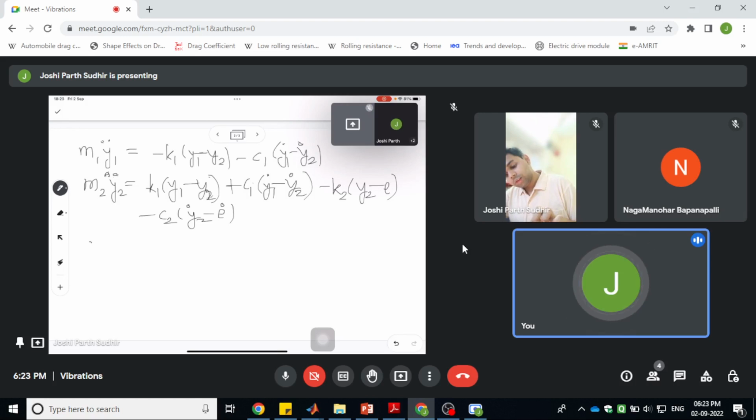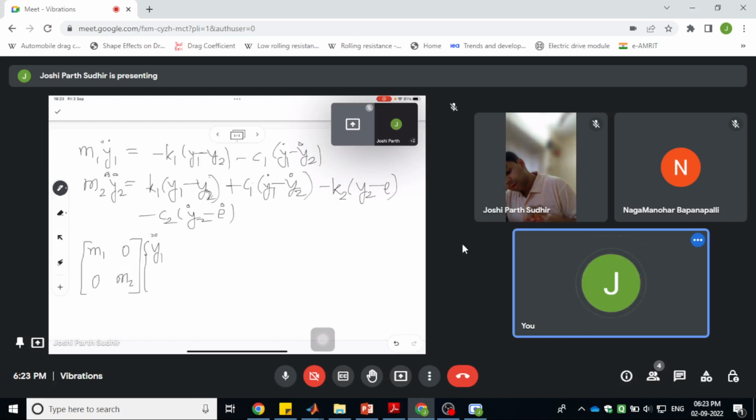So let us say we form a mass matrix, let's say M1, 0. That will help us in writing these equations of motion in a more compact form.